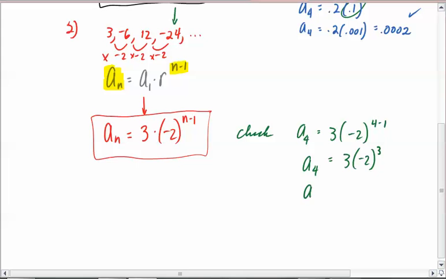So there's that. So a sub 4 is equal to 3 times -2 to the third power, which is -8. So I get a sub 4 is -24. And it checks out.